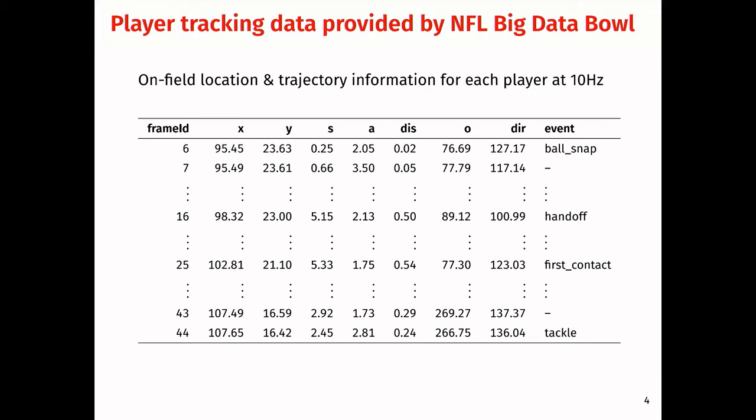This table shows the typical structure of football tracking data that many of us here are familiar with, where we have attributes like the timestamp, the X, Y 2D coordinates of a player, along with speed, acceleration, orientation and direction, along with the event annotations associated with specific frames within this play.